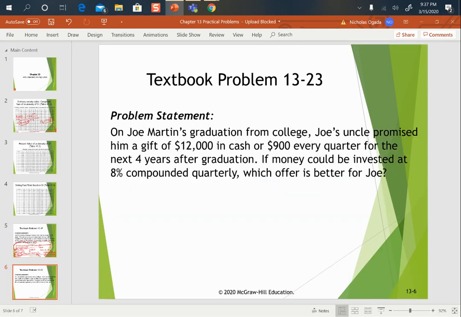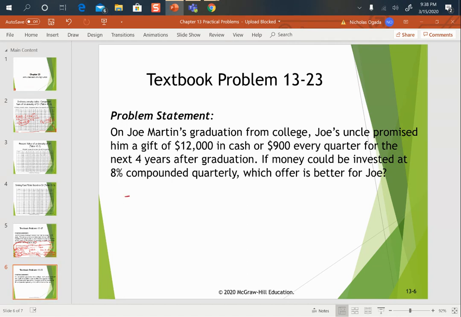In the second problem, we have been given that on Joe Martin's graduation from college, Joe's uncle promised him a gift of $12,000 in cash or $900 every quarter for the next 4 years.